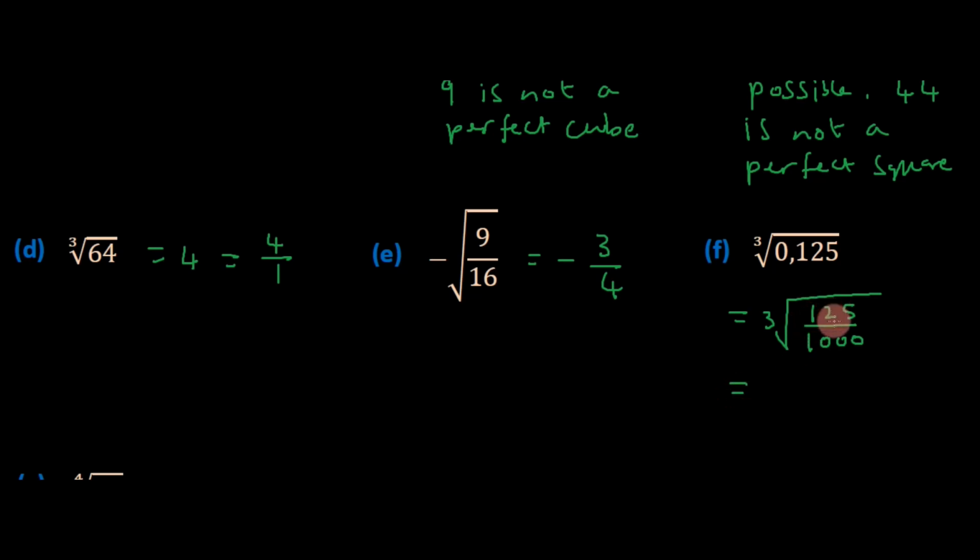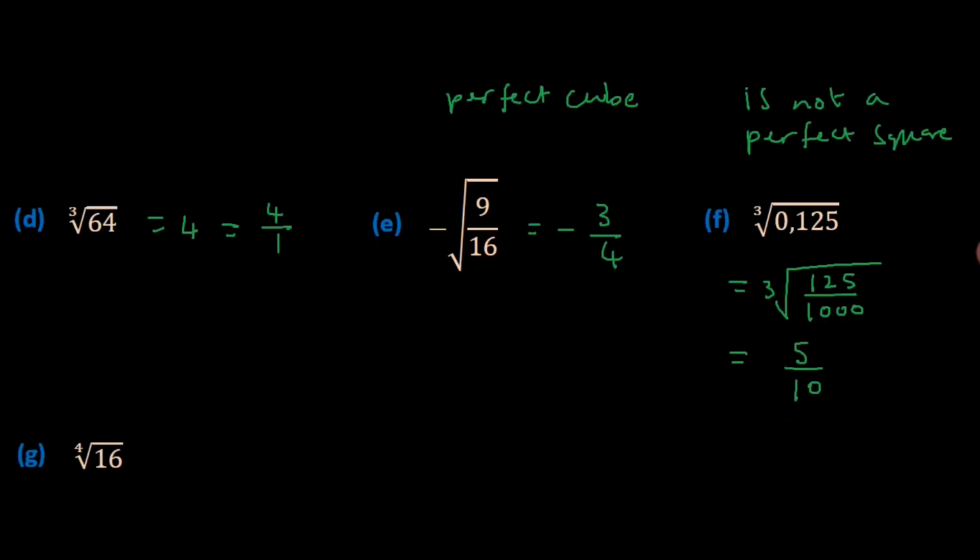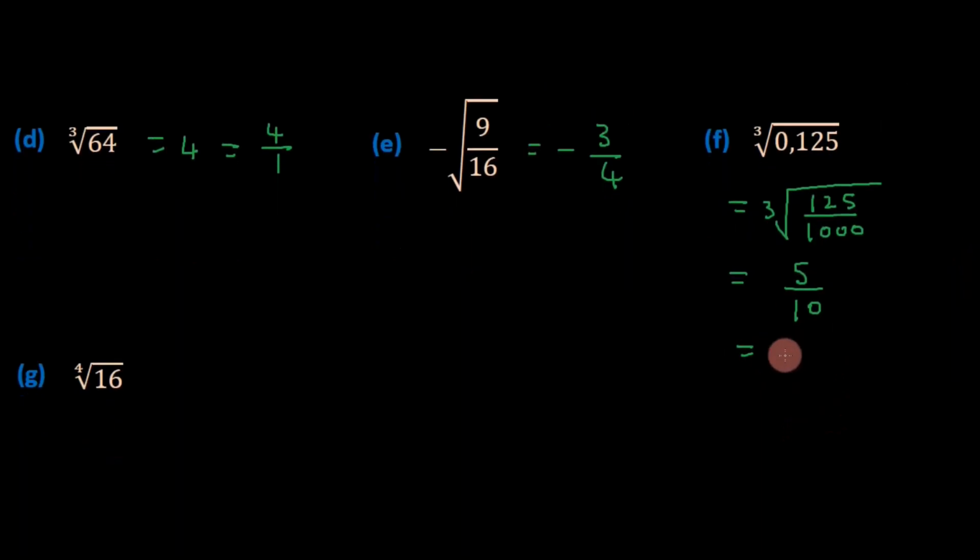And the cube root of 125 is 5, because 5 cubed gives us 125, and that of 1,000 is 10, and we can simplify this to a half. Then we have the fourth root of 16, which is equal to 2, because 2 to the power 4 gives us 16. This is an integer, and we can write it as a fraction as 2 over 1.